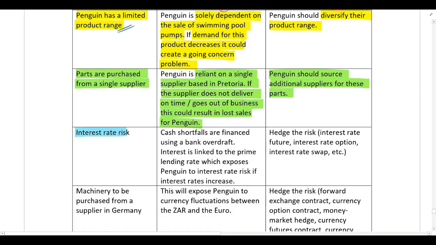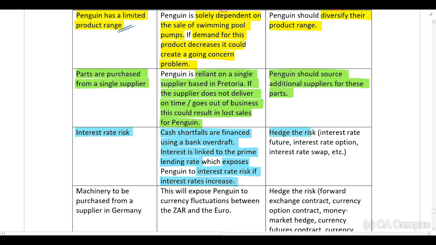So we have interest rate risk, that is identifying the risk. Cash shortfalls are financed using the company's bank overdraft, and the interest on this overdraft is linked to the prime lending rate. So this is going to expose the company to interest rate risk if interest rates increase. How are we going to mitigate this risk or respond to this risk?